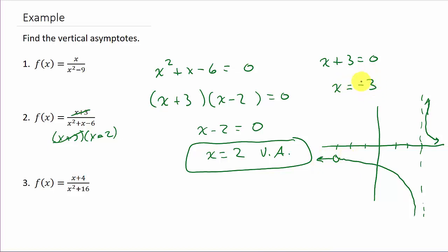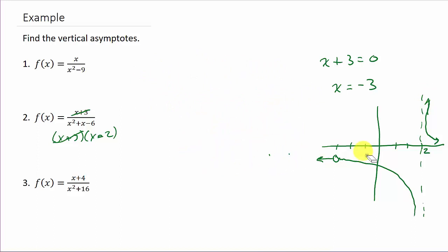That's what happens when the denominator and the numerator have a common factor: at that zero, there's going to be a hole in the graph. And then here, I'm sorry, not at 3, at 2, I've been saying 3, at x equals 2, there's a vertical asymptote.